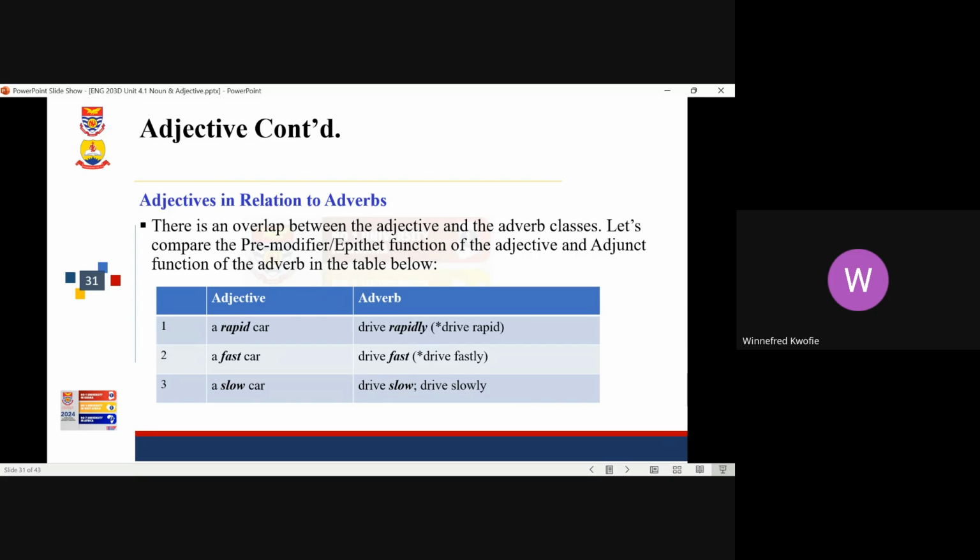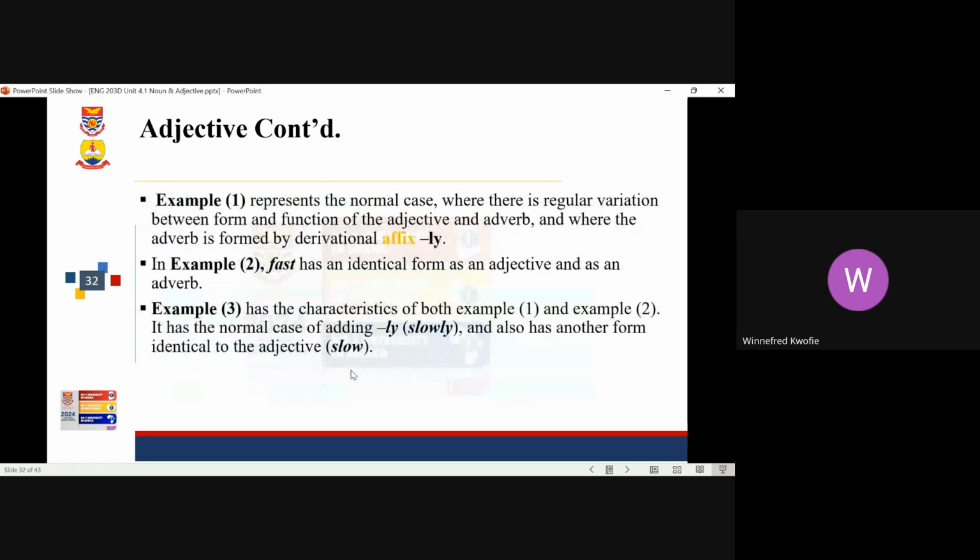So some of the words will resemble, they may be similar. They may have the same form, but it is the context that will help us to know whether that word is an adjective or an adverb. The context, the syntactic position will help us to know whether the word is an adjective or an adverb.